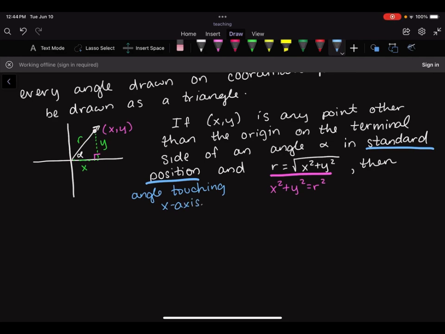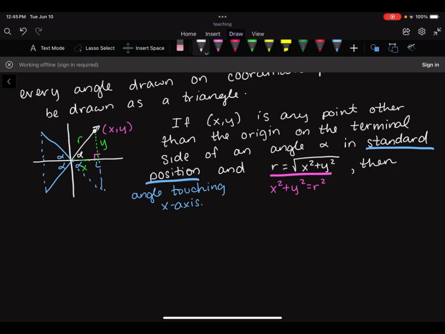So for instance, if I drew my angle over here, it needs to be touching the x-axis. If I drew it in quadrant 3, it needs to be touching the x-axis. If I drew it in quadrant 4, it needs to be touching the x-axis. So we will never be touching the y-axis. We're always basing our angle off of the x-axis. So that's what it means to be in standard position.